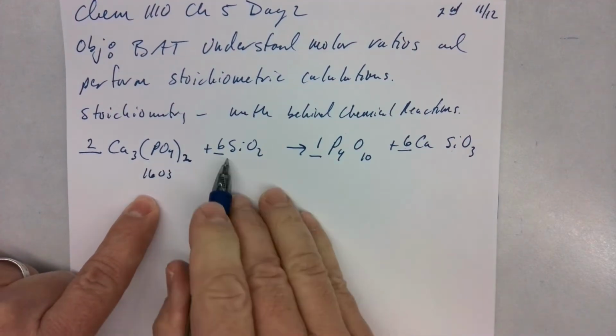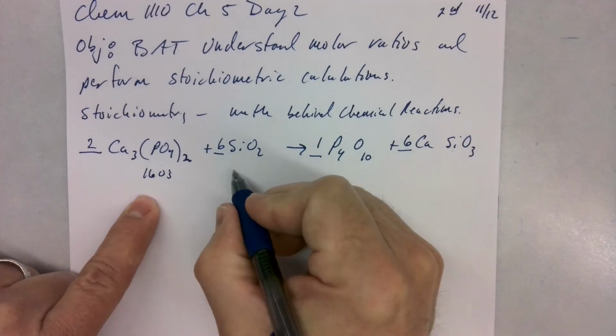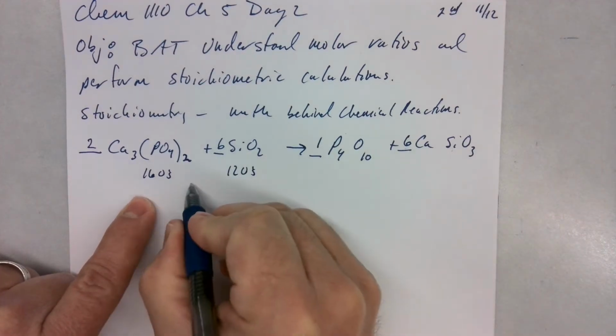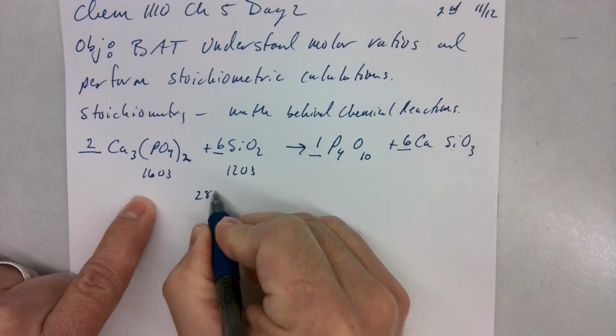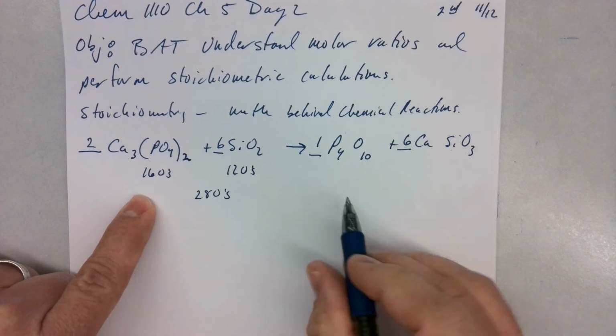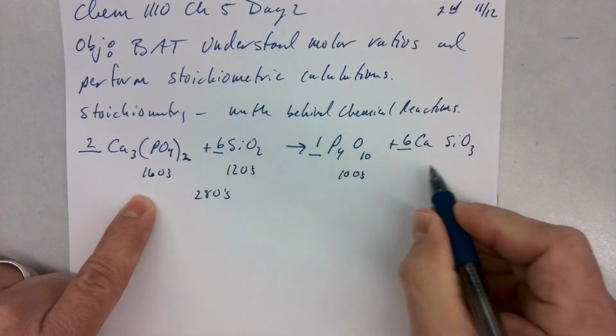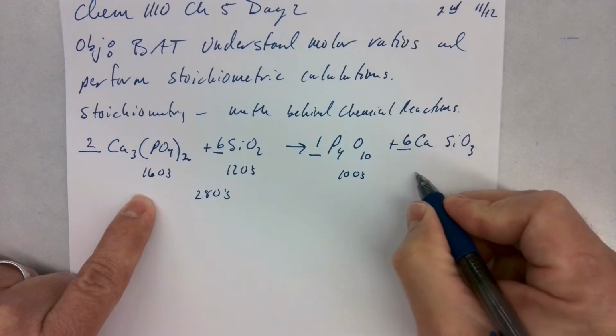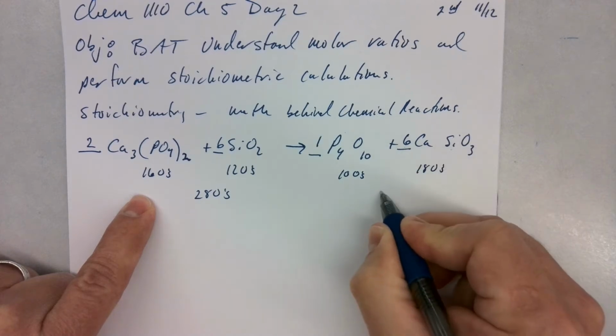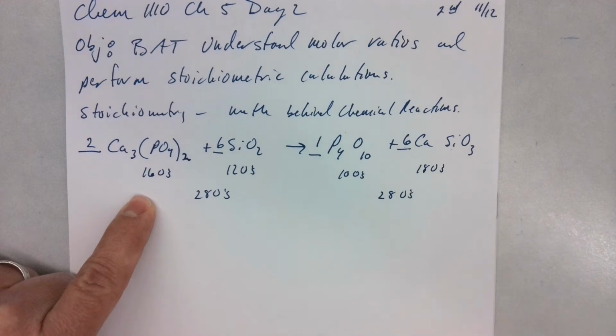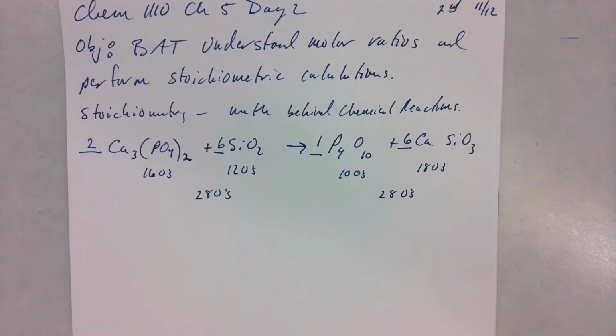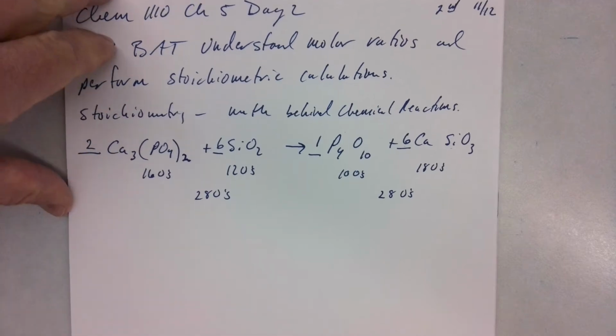Plus that's 12 O's, so that gives me 28 O's over here. I got 10 O's there. How many O's are here? 18 O's, right? That gives me 28 O's. Does that work? Does that make sense? All right.